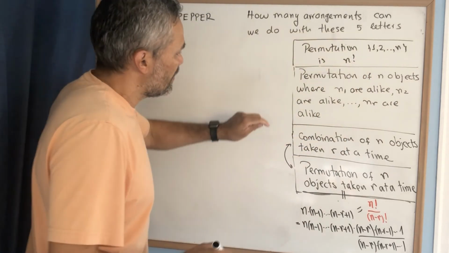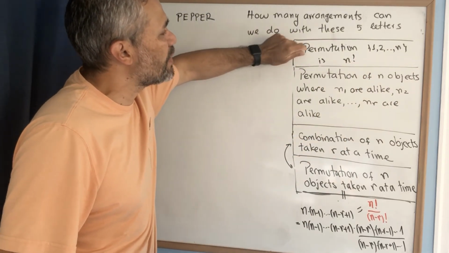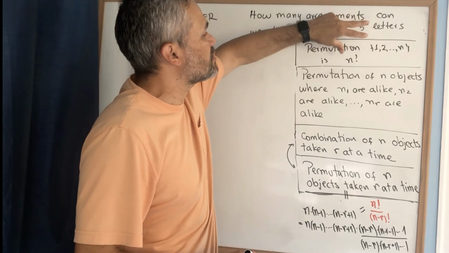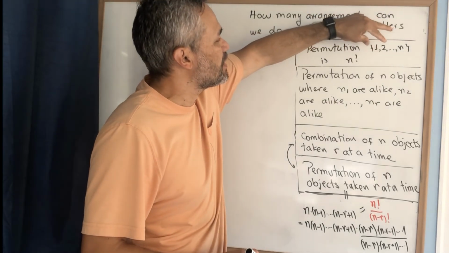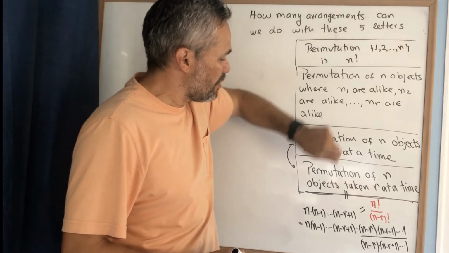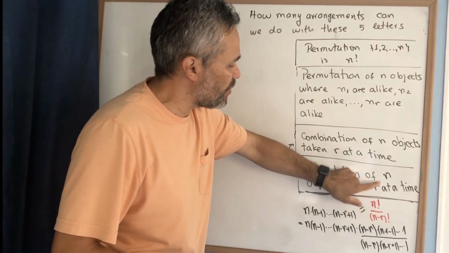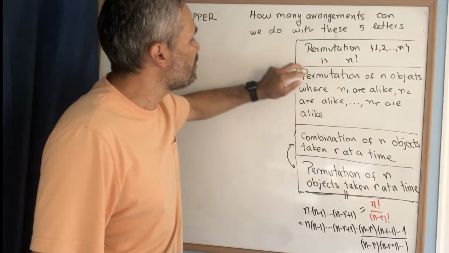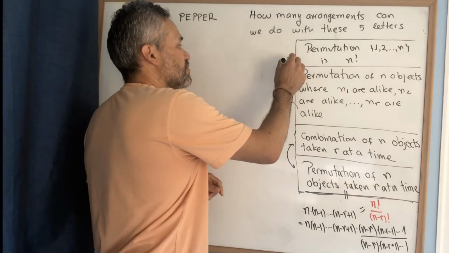Notice that when you talk about permutation of N objects, you are just saying how many arrangements of those N objects, the whole N. But here the situation is a little different. We have N, but we are taking R.